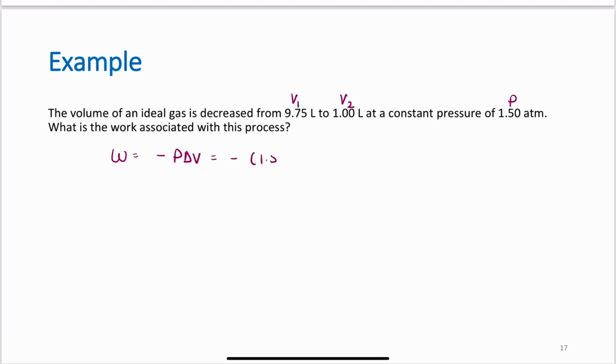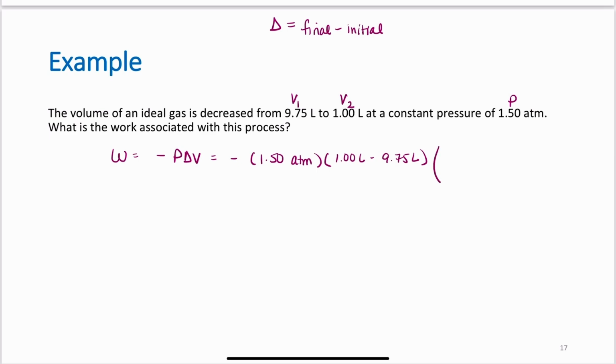Negative 1.50 atmospheres. Remember, delta is always final minus initial. So V2 minus V1, or 1.00 liters minus 9.75 liters. Now, if I do this calculation right here, this is going to get me units of atmosphere liters, which doesn't make any sense for work.